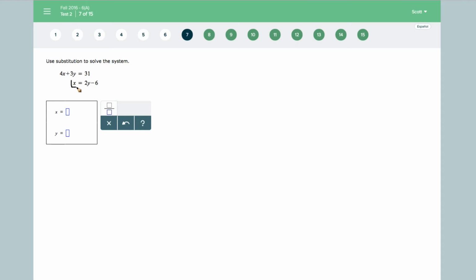Here I'm replacing x. So I rewrite that top equation without the x, and I put parentheses in place of it. So I have 4x plus 3y equals 31. Now what does x equal? That.